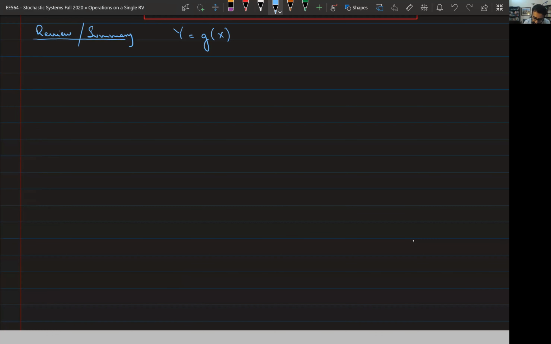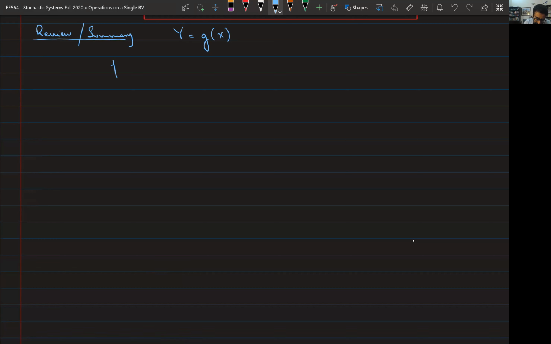The conclusion we had was that f_Y of y, as a function of the PDF on X, is equal to f_X of x times dx divided by dy, evaluated at y equals g inverse of x, right?